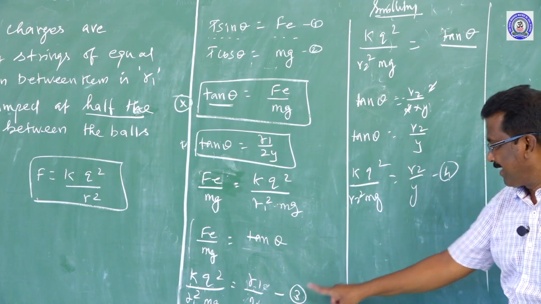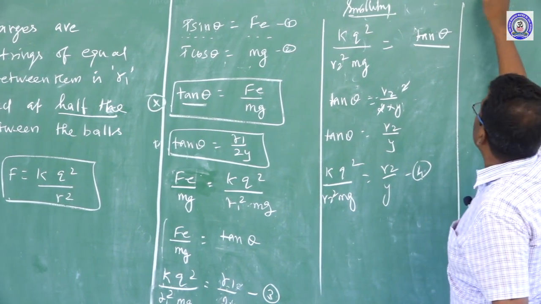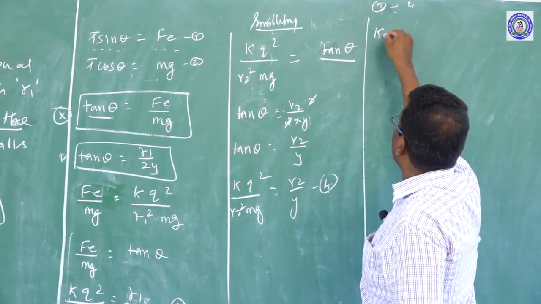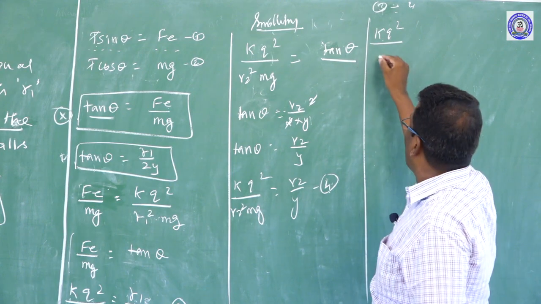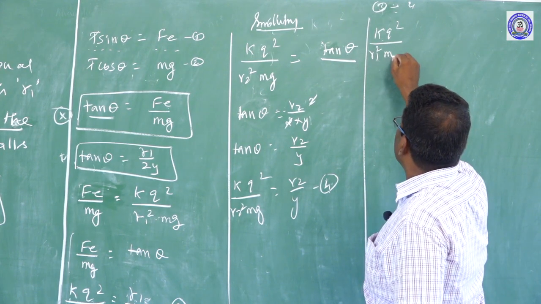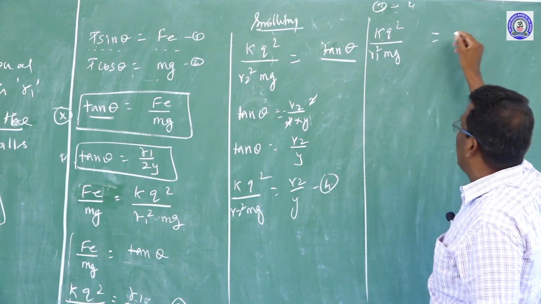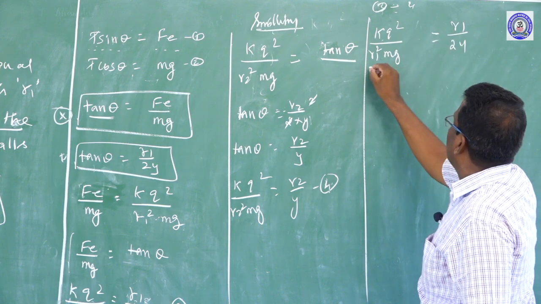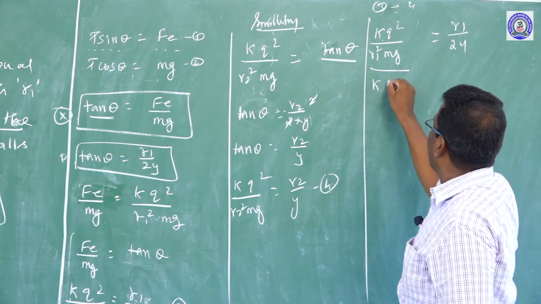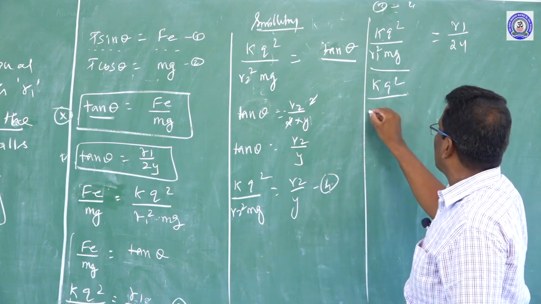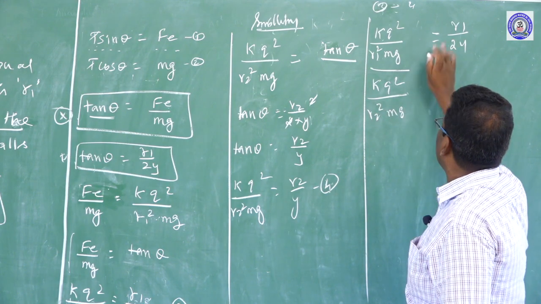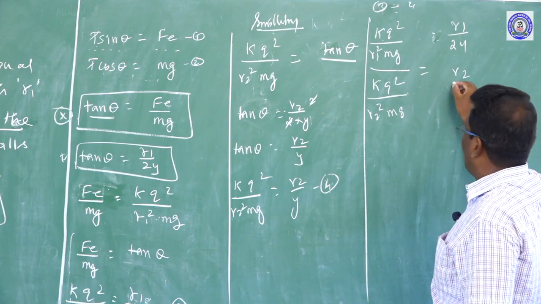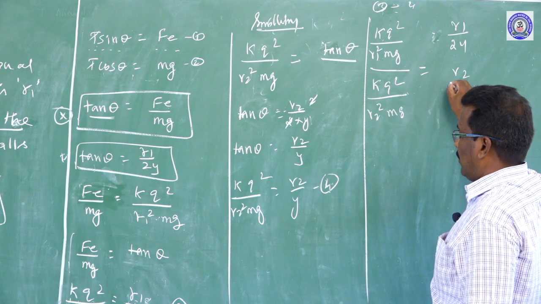So divide 3 by 4. What's the 3? kq square divided by r1 square mg is equal to r1 divided by 2y, divided by k q square by r2 square mg is equal to r2 by y.